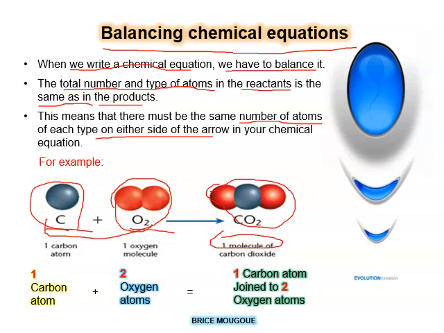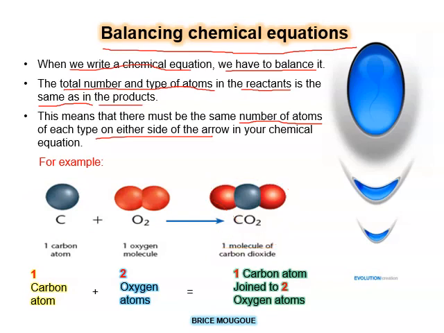Now, in this case, when we look at the number of atoms in each molecule, we have here one carbon atom, and since oxygen is diatomic, we saw that before, we have then two oxygen atoms.